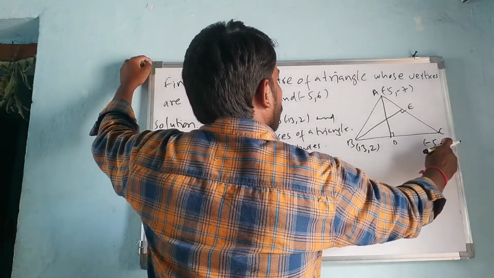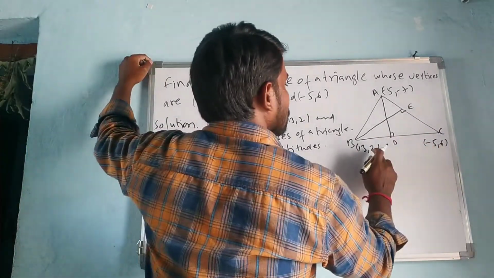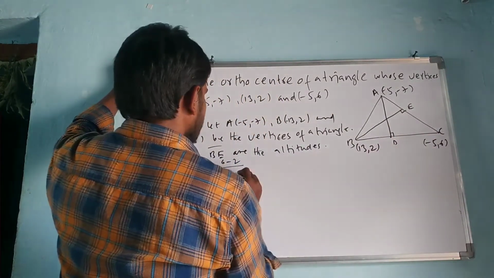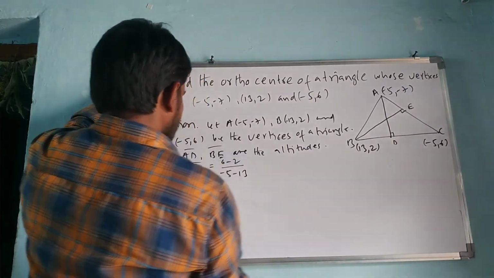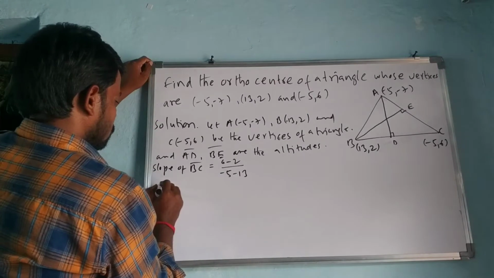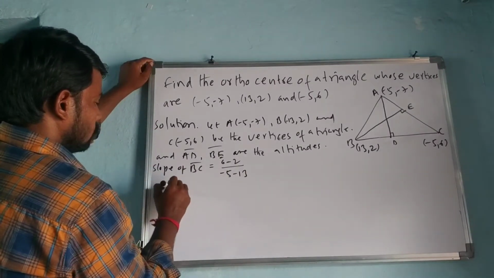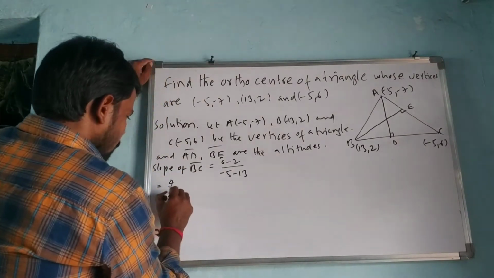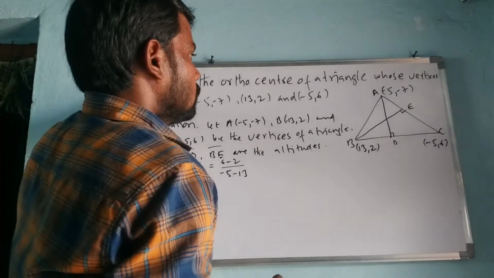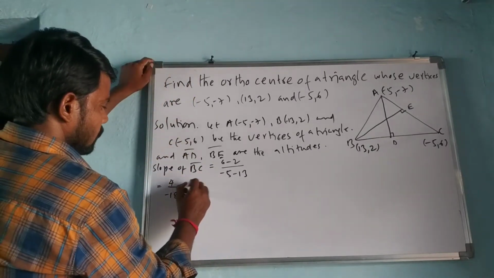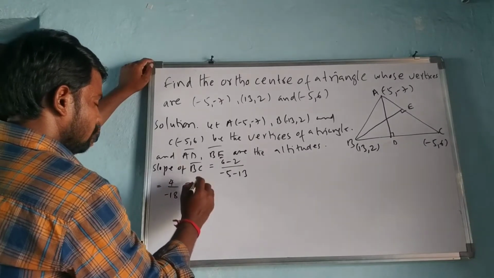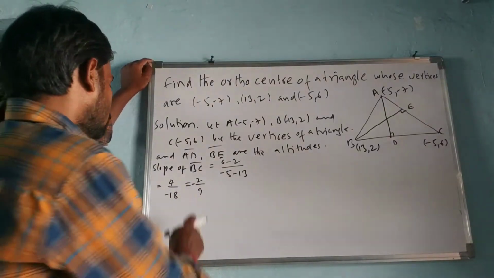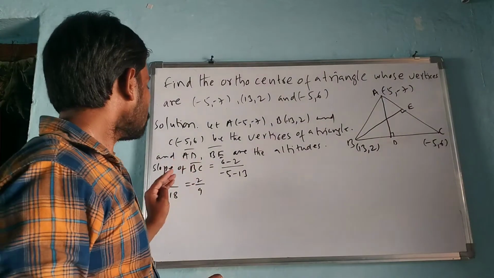So that is 6 minus 2, which is 4, and here -5 minus 13, which is clearly -18. It simplifies to 2 by 9, so minus 2 by 9 is the slope of BC.